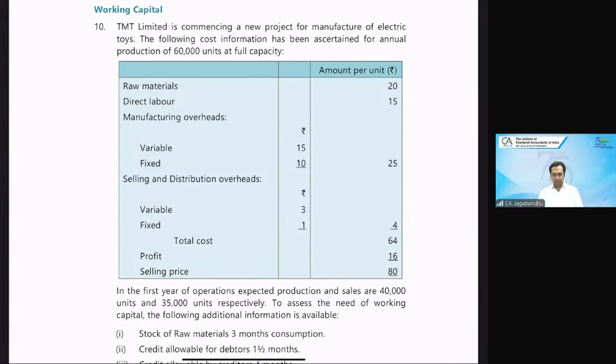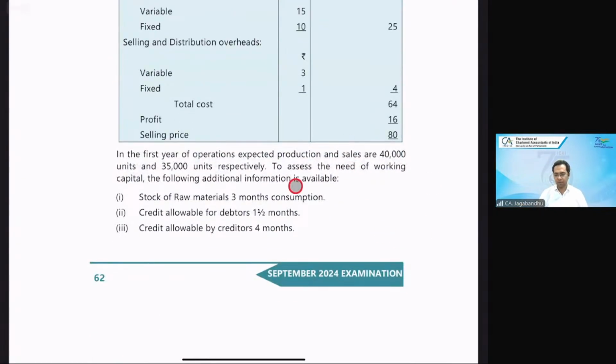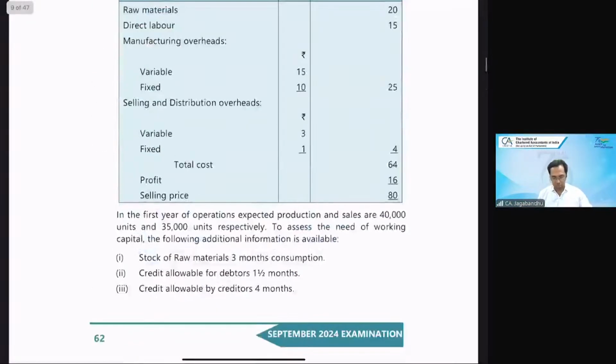Same way, sales and distribution overheads has got the variable and fixed overhead, profit, and then the selling price. Now they say in the first year of operation, the expected production and sales are 40,000 units, out of which 35,000 is what we are going to sell.